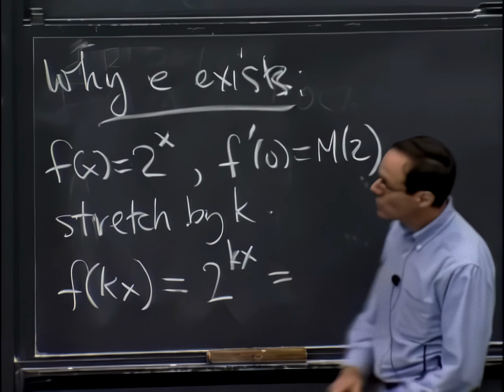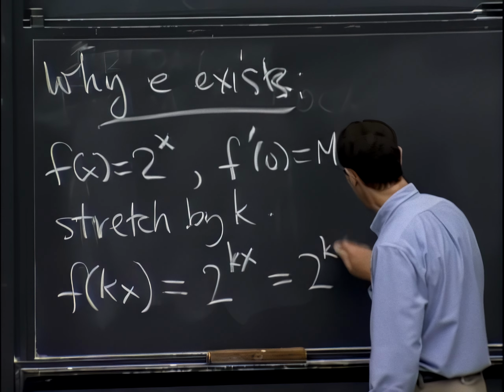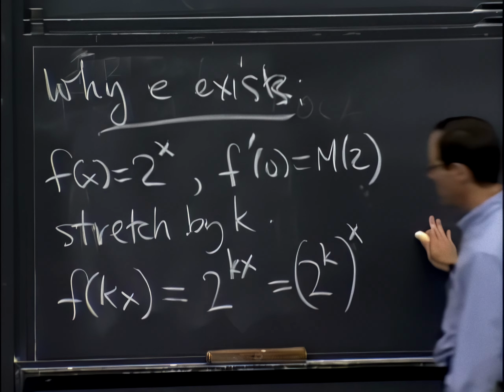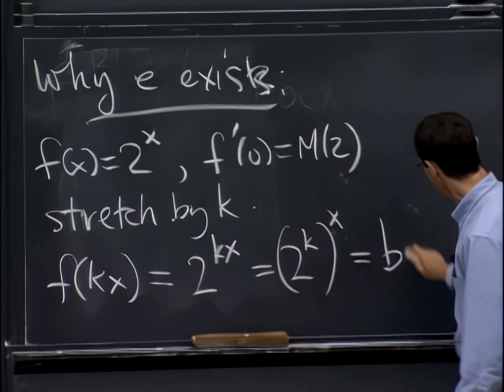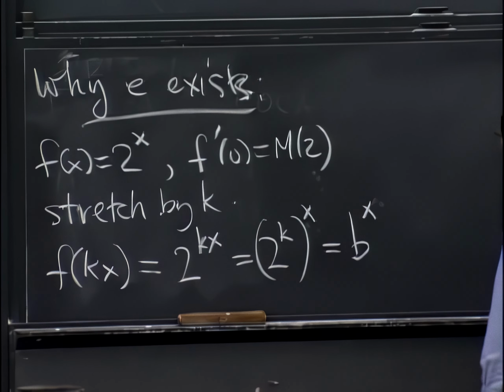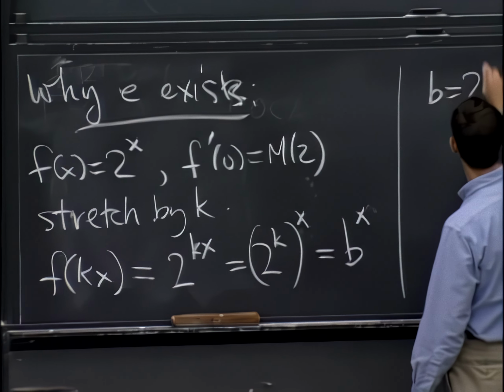But now, if I use the second law of exponents that I have over there, that's the same thing as 2 to the k to the power x, which is the same thing as some base b to the x, where b is equal to, so let's just write that down over here. b is 2 to the k.